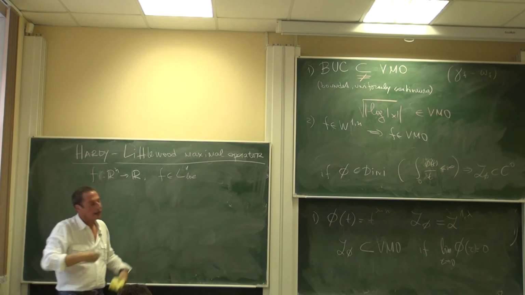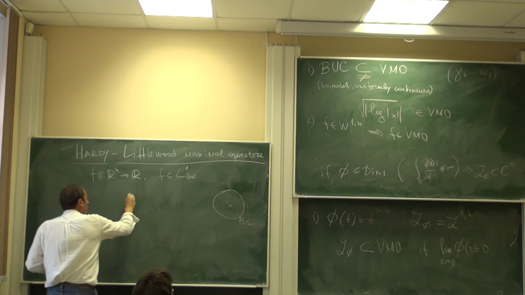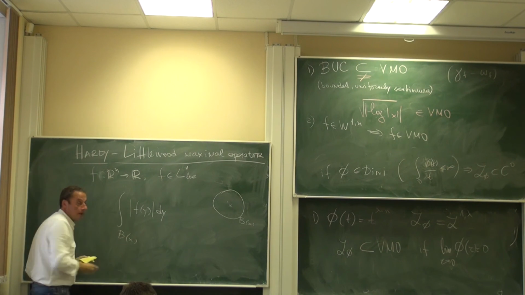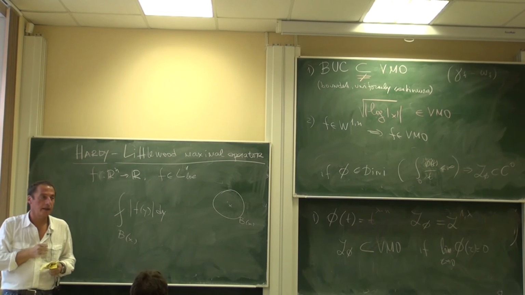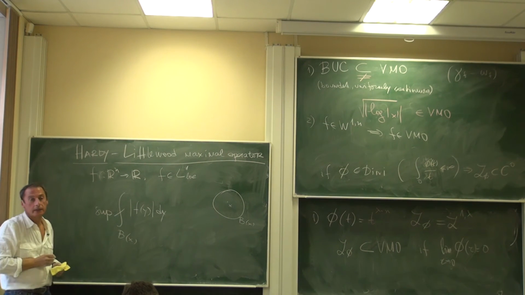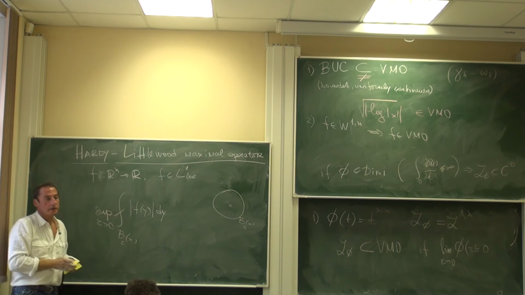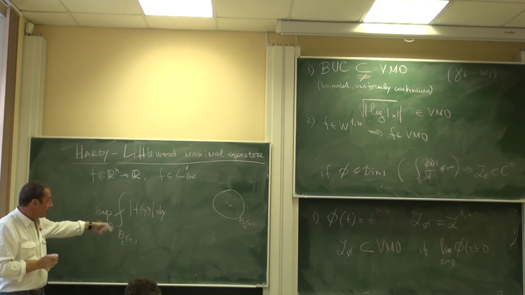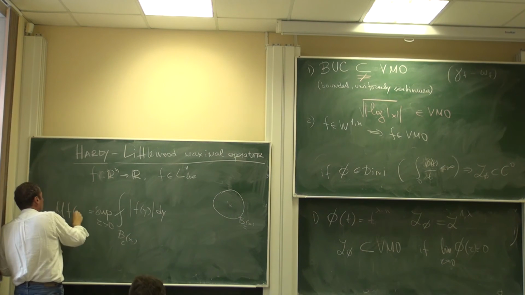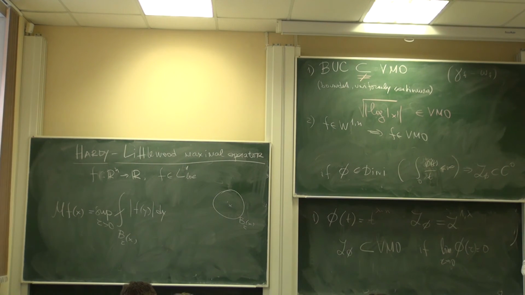With center at any point x, you are considering some ball B of x. Integrate the modulus of this function f over the ball with center x, take the mean value integral, and then take the supremum with respect to all radii r. This quantity, of course, depends on the center of the ball, and it is defined as the maximal function of f at this point x, and it can be defined for almost all points x.